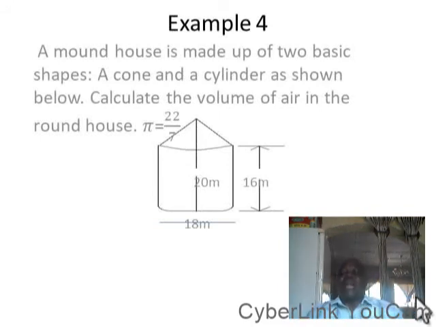Now, I want us to look at this question. This is a composite shape, a shape that is made up of a cylinder and a cone, and you are asked to find the volume.